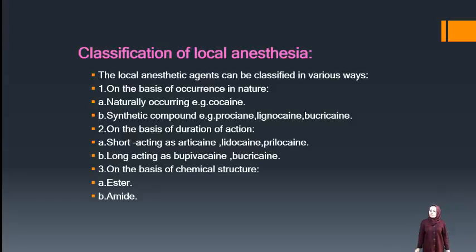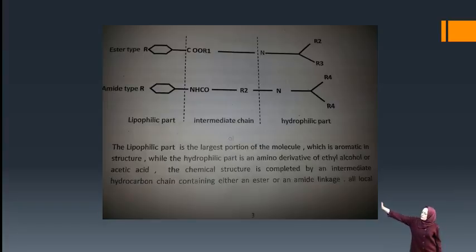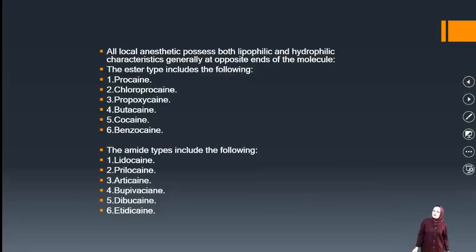3, on the basis of chemical structure. A, ester. B, amide. This is the structure of local anesthetics, the ester and the amide. All local anesthetics have both lipophilic and hydrophilic characteristics, generally at opposite ends of the molecule.